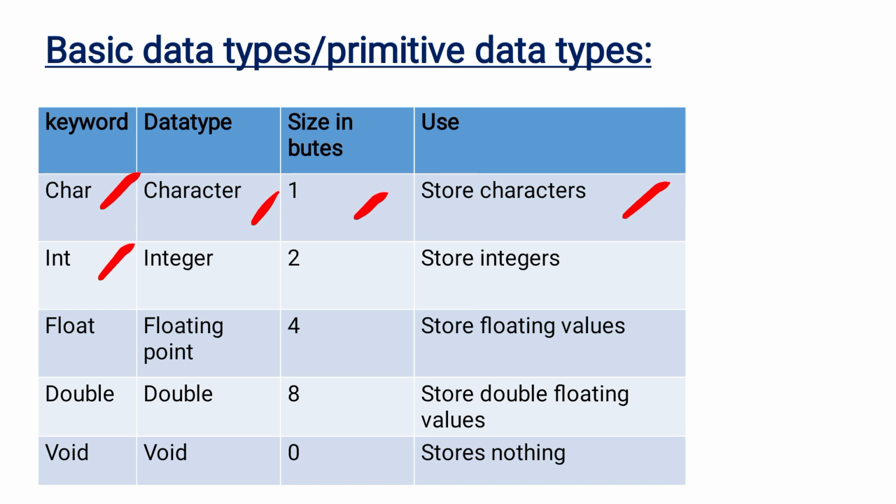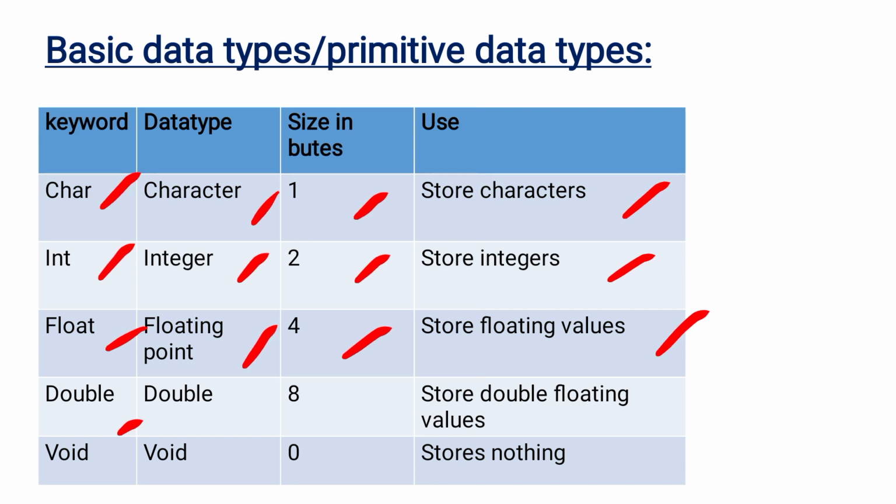Int is a keyword, data type is integer, 2 bytes of memory is needed, int is used to store integer values. Float is a keyword, floating point is the data type, 4 bytes of memory is needed, it is used to store floating point values.